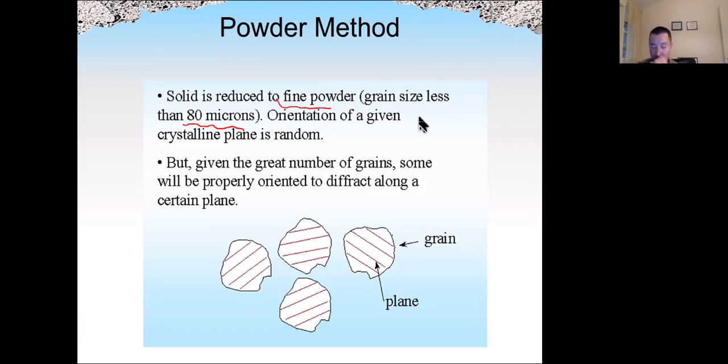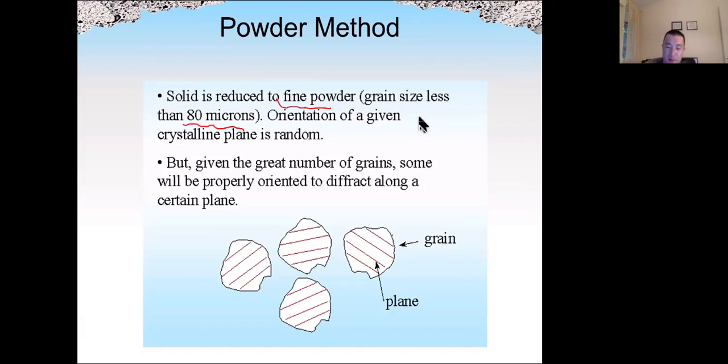Even though the orientation of a certain plane is random, for any orientation we have enough particles, because we have so many powders.